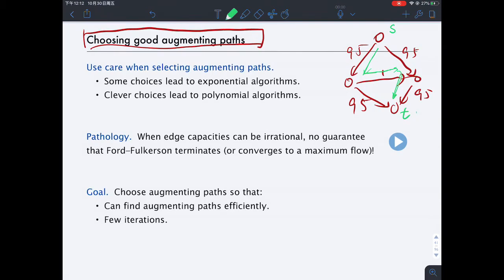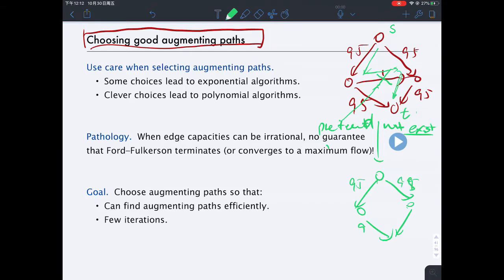The easiest fix, intuitively, is that when you block, you just pretend this edge doesn't exist, right? Then basically we will have a residual graph that looks like that, the 95, 95, 95, 95, right?